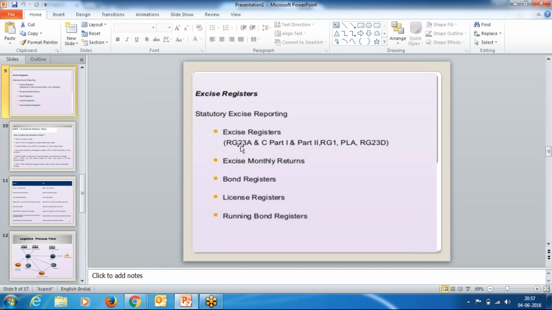Third, you are storing your material at a depot somewhere, and after that you will sell material from your depot. So when you sell material from your depot, at that time you'll charge excise in the customer invoice. Definitely you must have an excise part in your depot also.